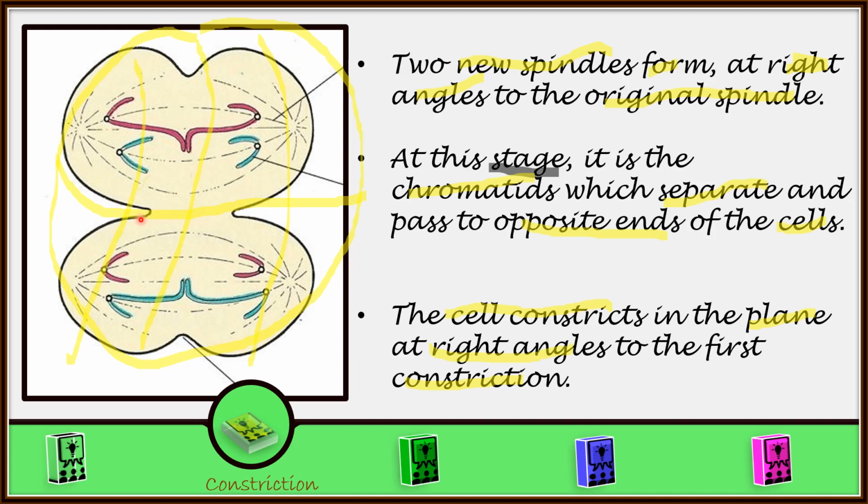Now, after the chromatids have moved to opposite poles, we are seeing the cell constricting in the plane at a right angle to the first constriction. This was the first constriction. Now we are seeing the second constriction coming at the right angle to the original constriction.